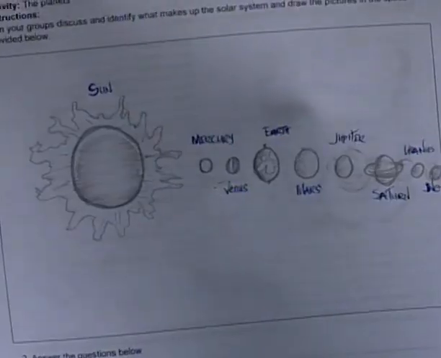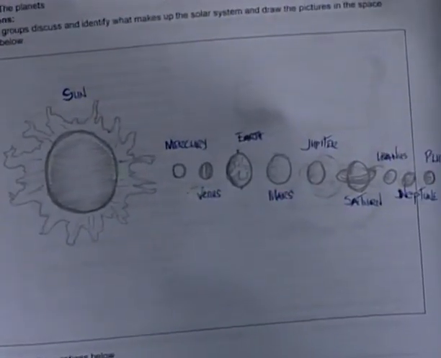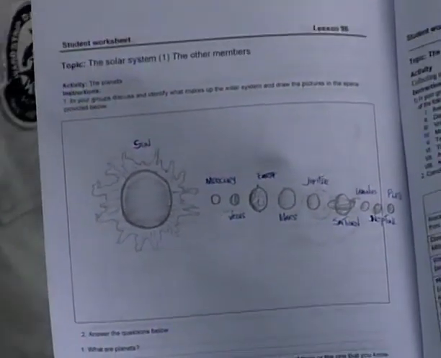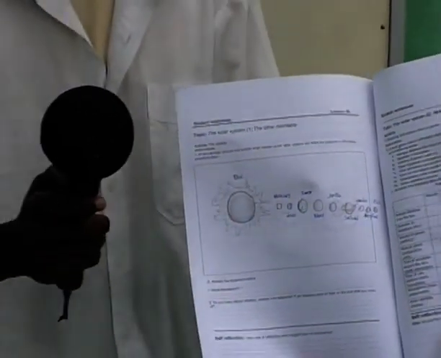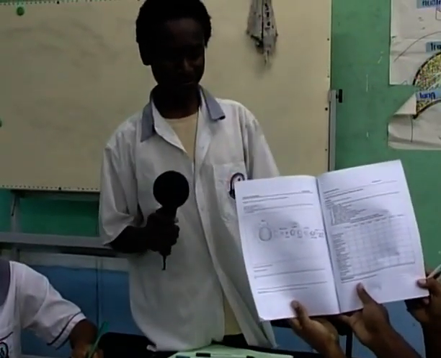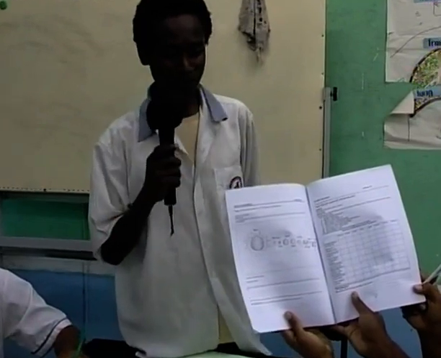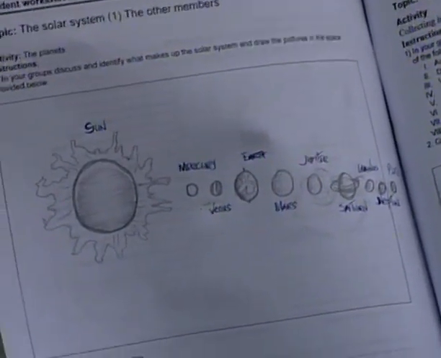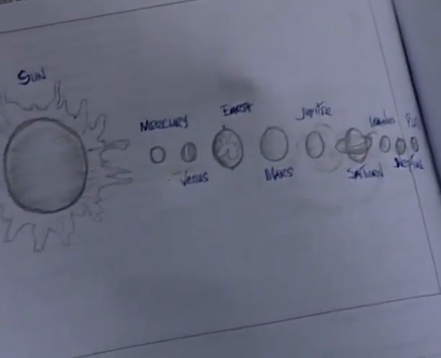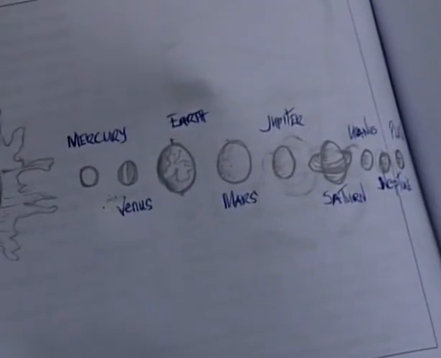The solar system is made up of the 9 planets and the sun. Name those planets if you have written their names. Mercury, Venus, Earth, Mars, Jupiter, Saturn, Uranus, Neptune, Pluto.